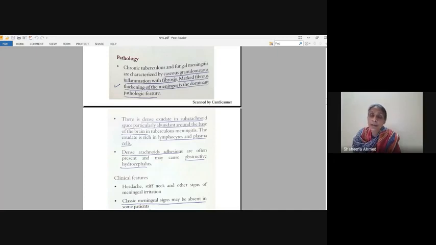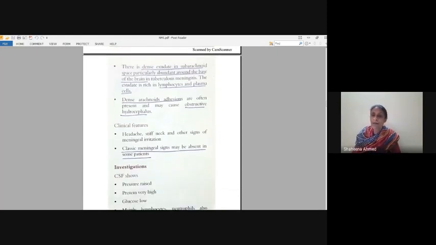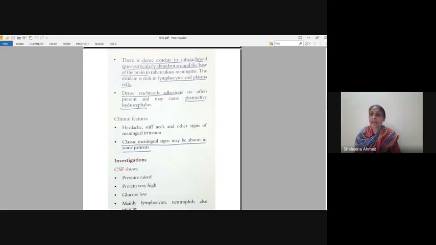What happens after fibrosis is that it causes marked thickening of the meninges, which is the pathological feature of chronic meningitis. If you look at the exudate, it is abundant in quantity and dense, and usually it settles at the base of the brain.